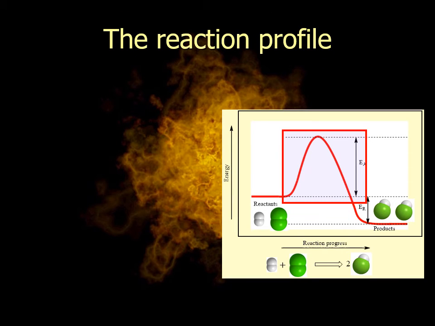So we showed this picture in an earlier lecture. Just let's review it. What we call the reaction profile, and just to remind, the vertical axis is the potential energy of the molecules, and the horizontal axis is something we call the reaction progress, meaning on the left hand side we begin as reactant molecules, and on the right hand side we end as products, and somewhere in between the system is converting from the reactants to the products.